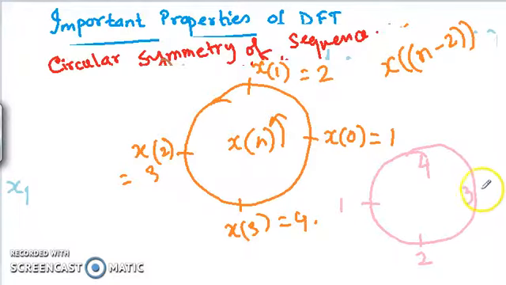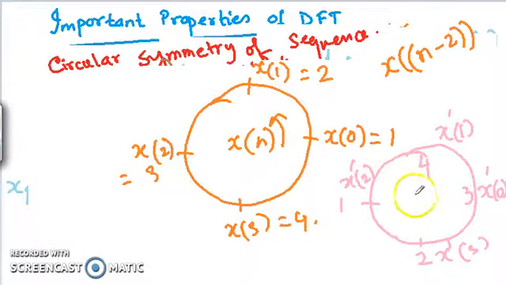So this is x0 dashed, this is x1 dashed, this is x2 dashed, and this will be your x3 dashed. That means now it is x of n minus 2.